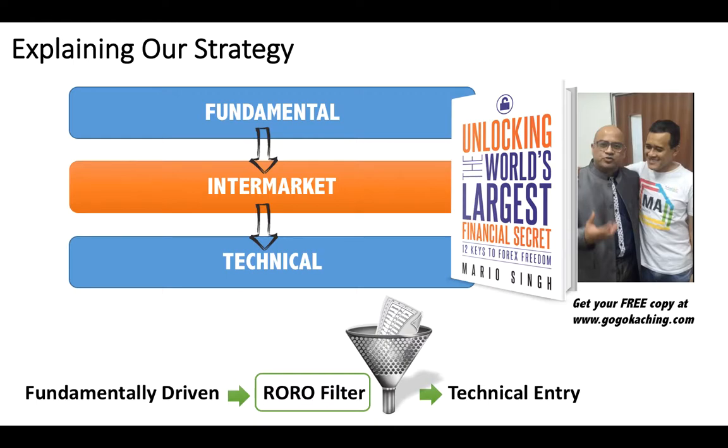Now, this is what I call the RORO filter in the middle. You got to know what the market is doing, where the market is going towards, and only then do you apply the technical entry. If the technicals look good, but the RORO filter tells you something else, I'd rather not do it. And we're going to talk about this afterwards.